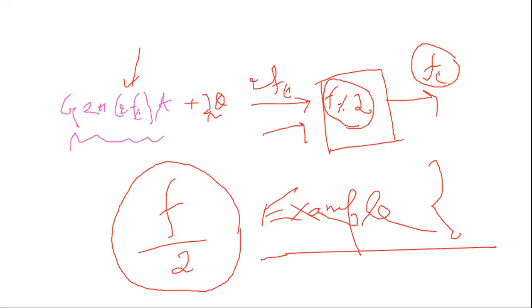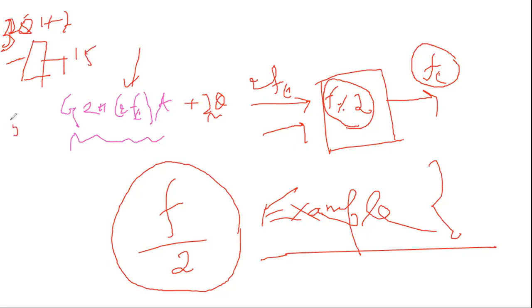Anyone? Okay, suppose I have a device: if you send your frequency, it will divide. If you send 30 hertz, at the output you will get 15 hertz.